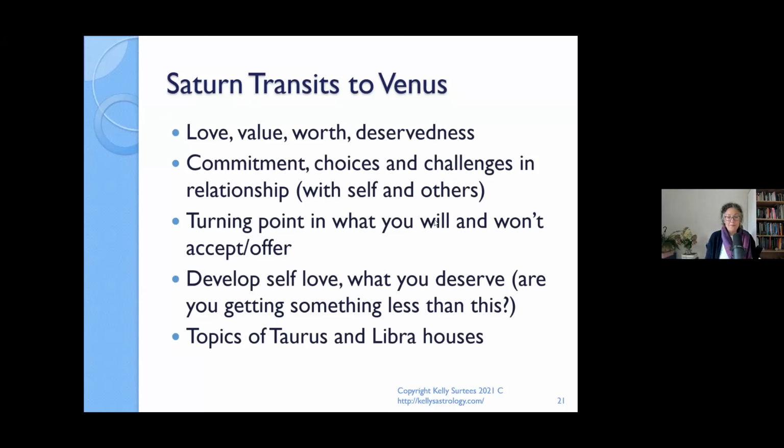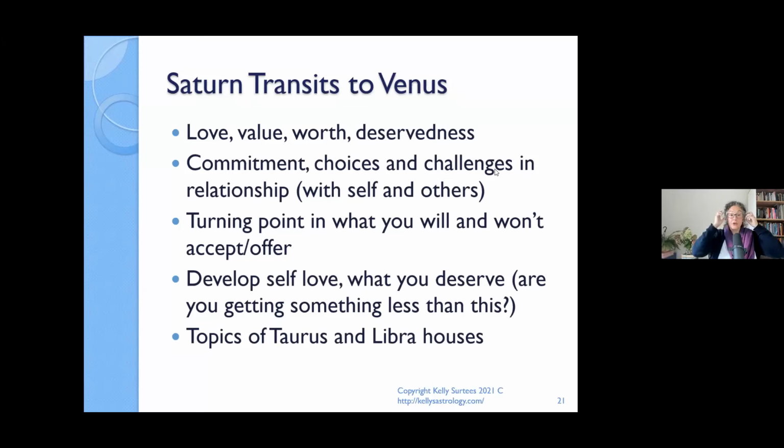And things like that. Now, I've just gone through a Saturn Venus transit myself, and there were pieces of this, but one of the biggest topics that I was working with was the topic of one of my Venus houses in the chart. So thinking about the topics of the Taurus house and the Libra house in your chart. A very simple example is that I have a Venus ruled sign on the third house in my chart. I have Taurus on the third.